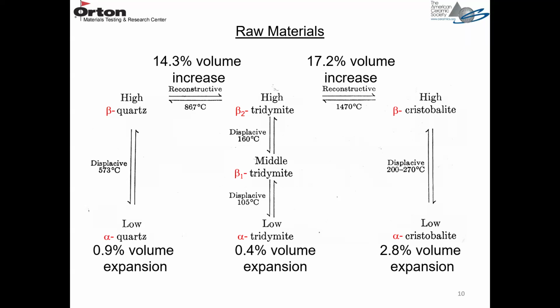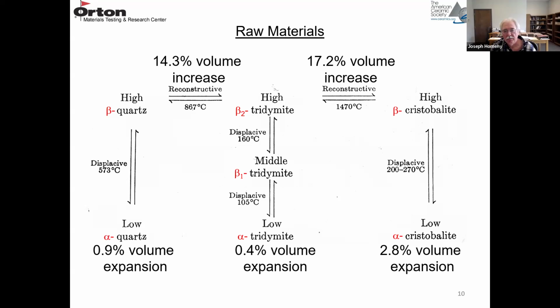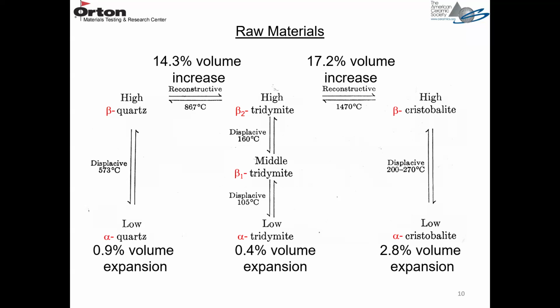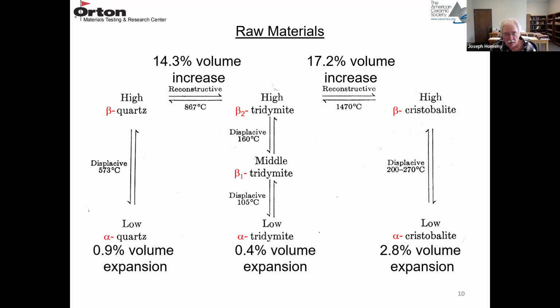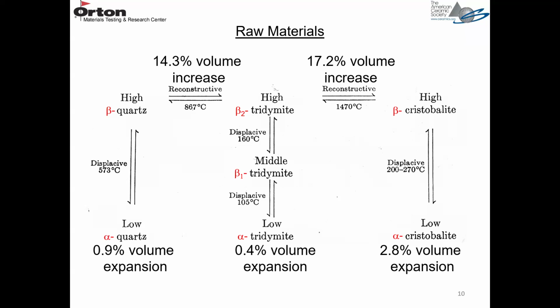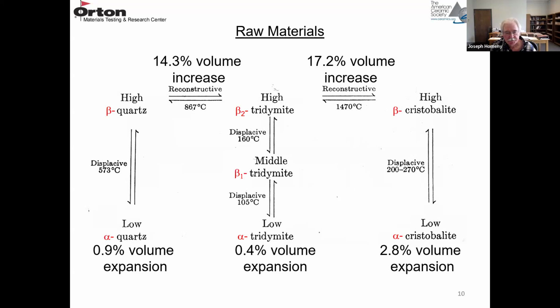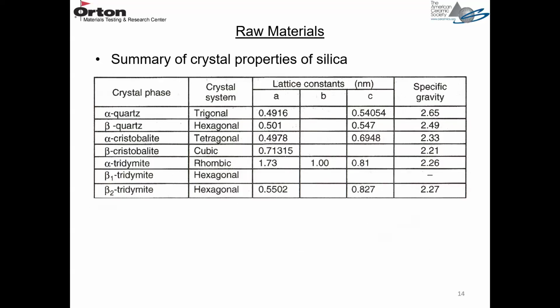Okay, that makes more sense, because when you showed the densities later on, tridymite and cristobalite are really close to each other. I was thinking that 17.2 was between tridymite and cristobalite. Okay, got it now. Thank you. It is a little confusing. Maybe I didn't make it clear, but it is quartz to tridymite and then quartz to cristobalite. Okay, thank you.